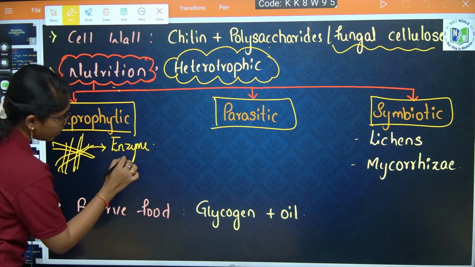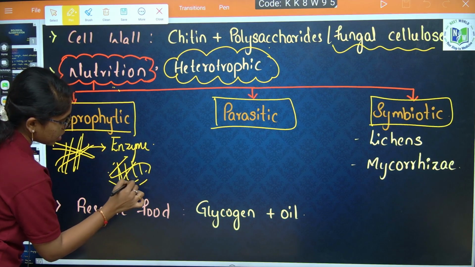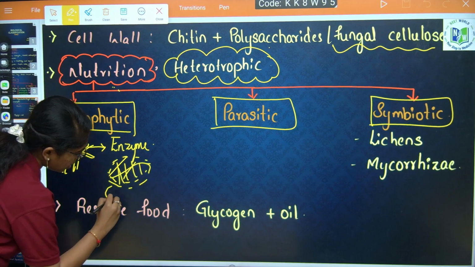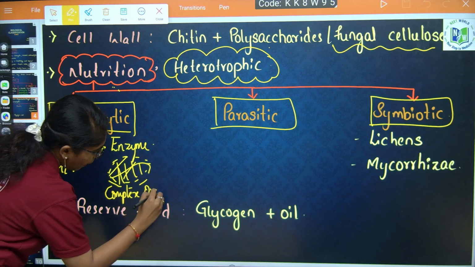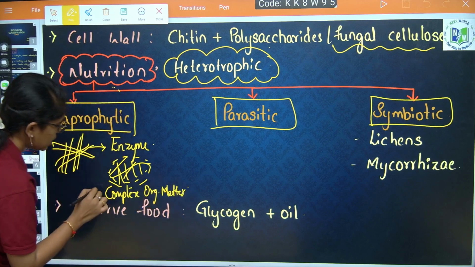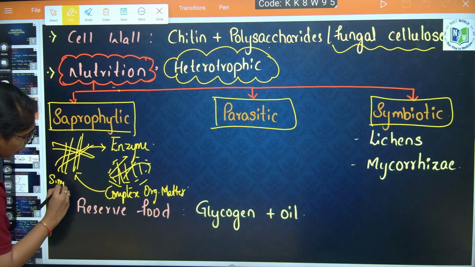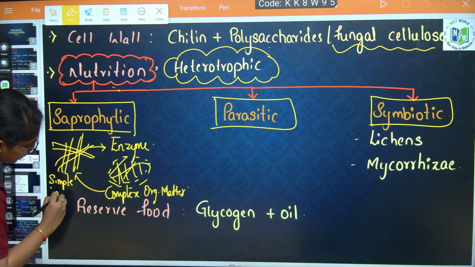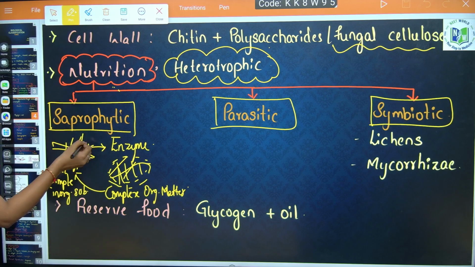These enzymes will digest the complex organic matter into simple inorganic substances. These are consumed by the fungi.